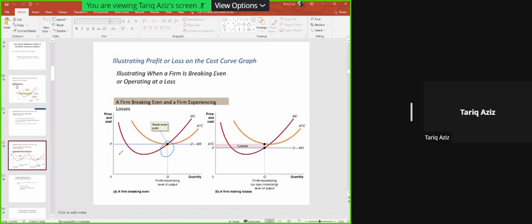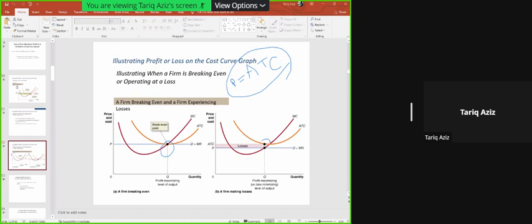Or in other words, the price is equal to ATC, average total cost. So this is the point where the firm is neither making profit nor making loss. The graph on the left hand side depicts that situation where the average total cost is equal to the demand curve or the price or the marginal revenue. So this is the break-even point.